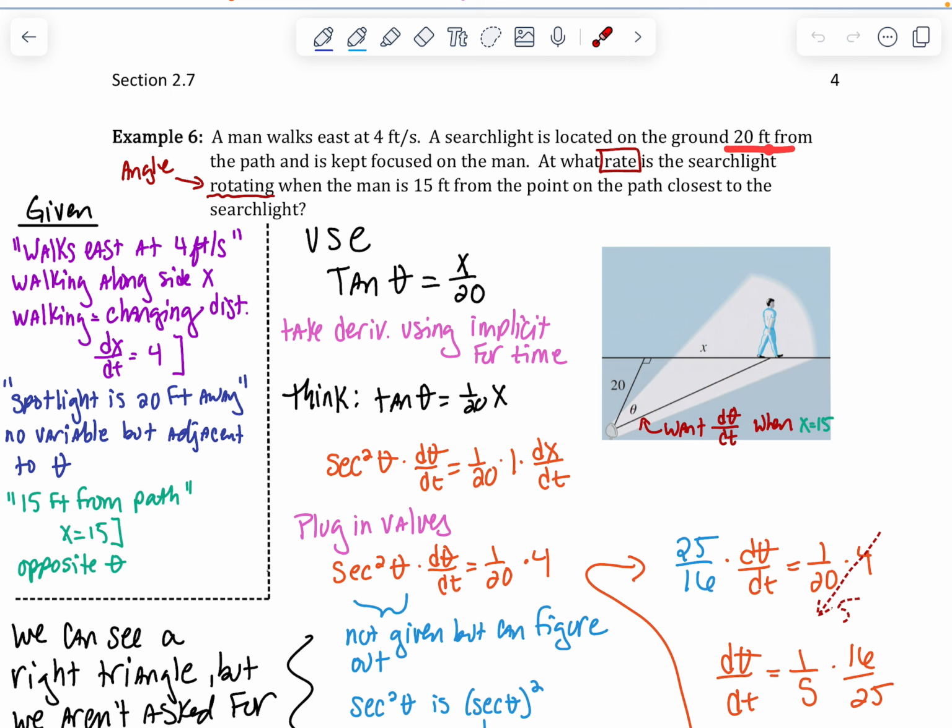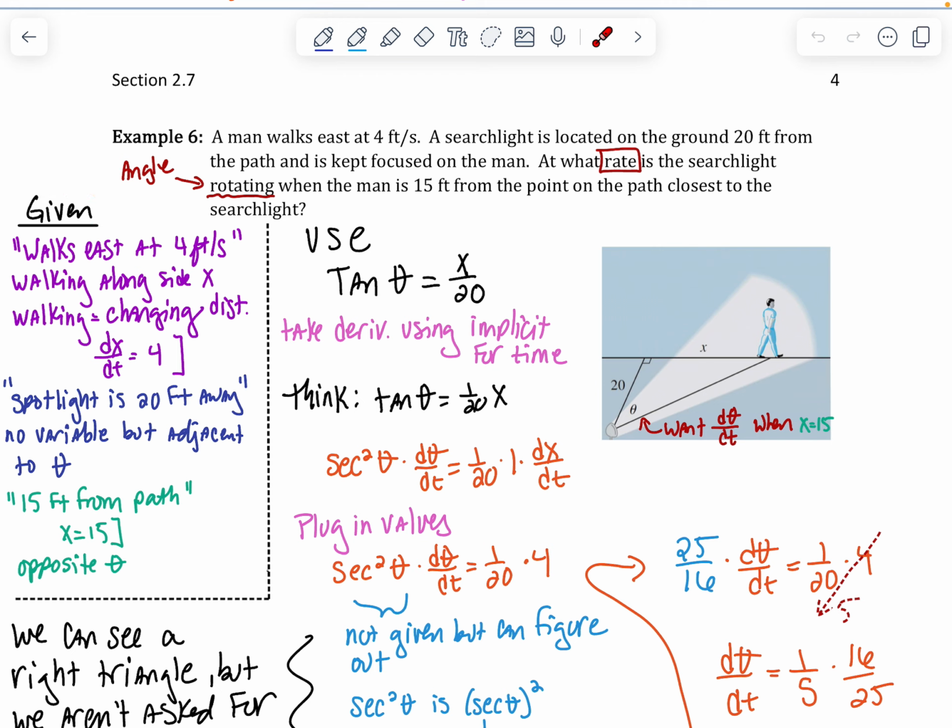Now, it does say it's located 20 feet from the path, and so it really feels like this should be more of a straight line for the 20 feet. But we're just, at this point, given that it's a distance, so don't worry too much about that. Because we're asked at what rate the searchlight is rotating, rotating is referring to the angle of the searchlight.